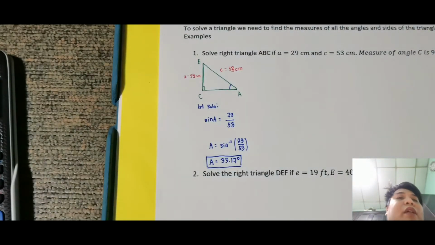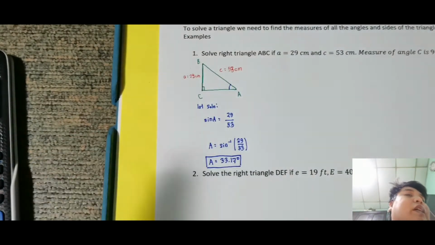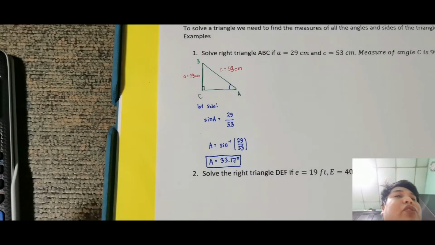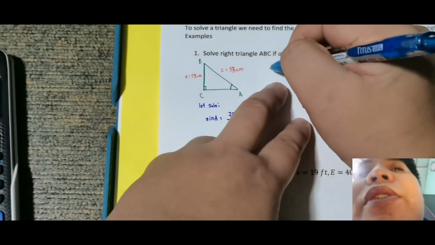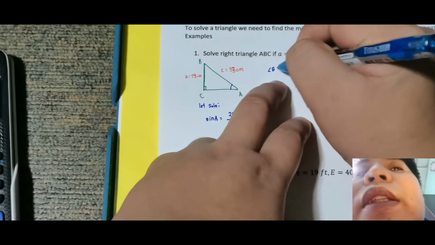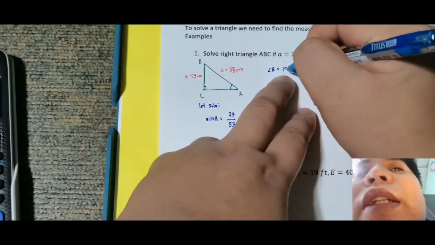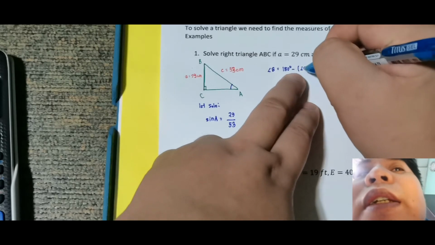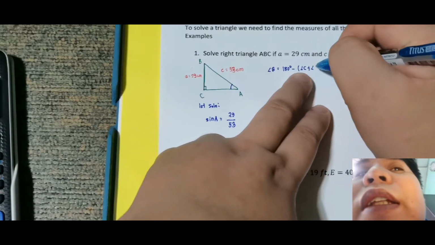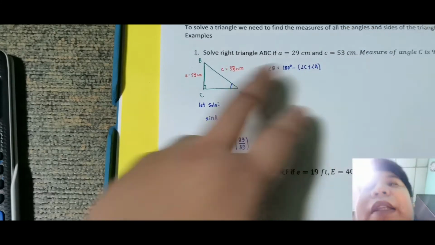Ang gawin mo na lang, i-add ko yung dalawang angle. So, gagawin ko 180 minus yung sum nung dalawa. So, para mahanap ko si angle B, that is simply equal sa 180 degrees minus si angle C plus angle A na nahanap natin.